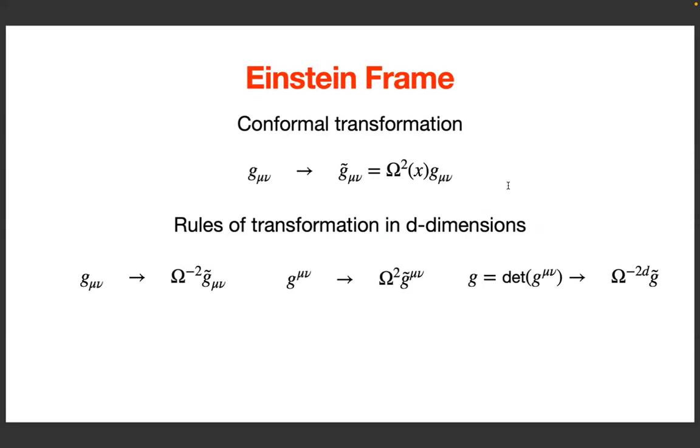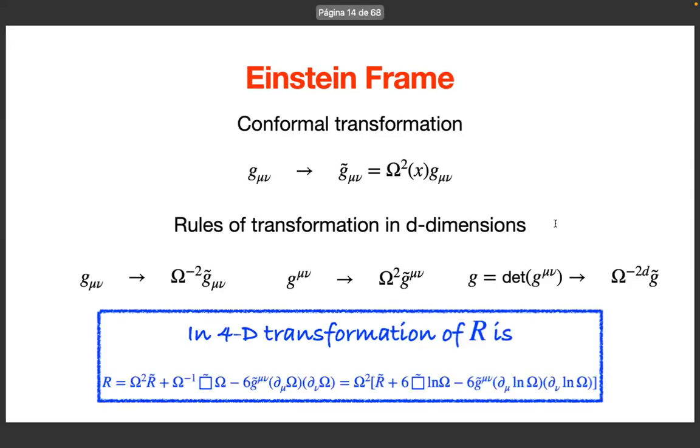Of course, we will specialize to the case of 4 dimensions, but just to give you some rules for how it transforms the metric and the determinant of the metric, and of course, we can write down in 4 dimensions the transformation of the Ricci scalar. As you can see, it's a large and complicated expression, but we will see that this will help us do something. Why are we doing this?